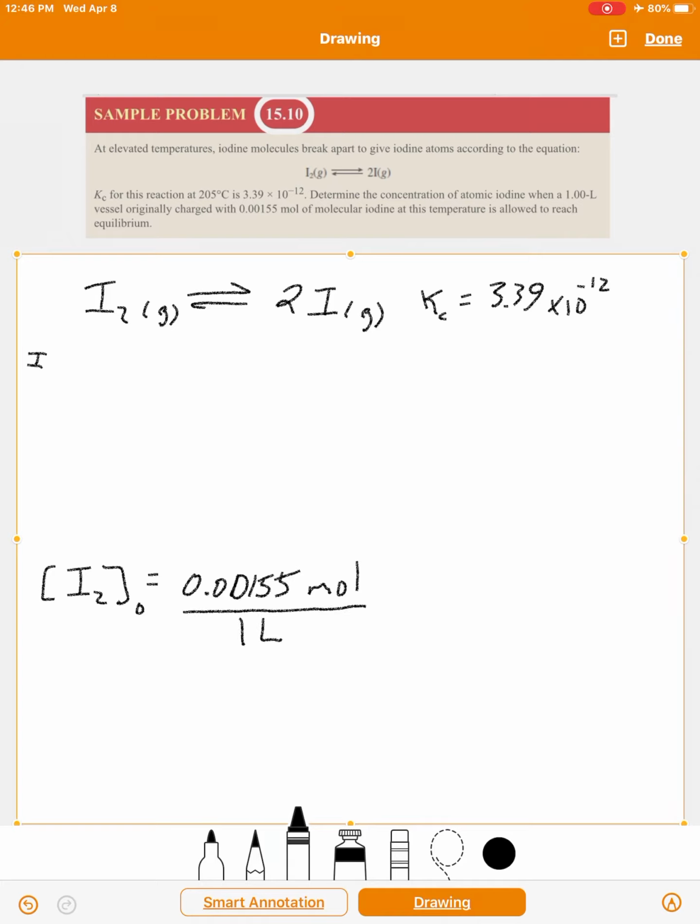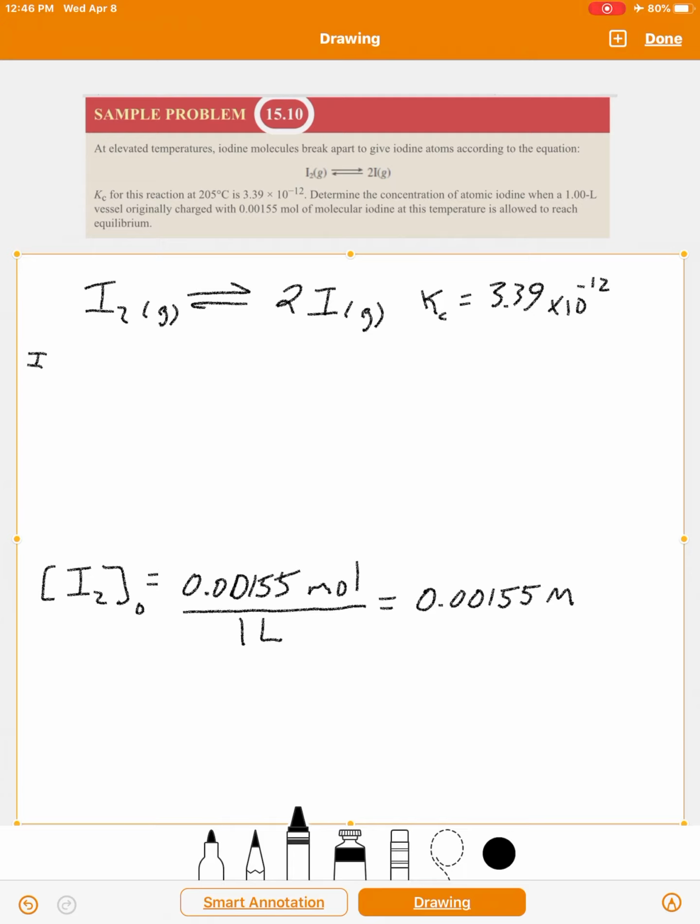Remember, concentration in molarity units is just the number of moles divided by the volume in liters. So that would be 0.00155 moles per liter. Okay?